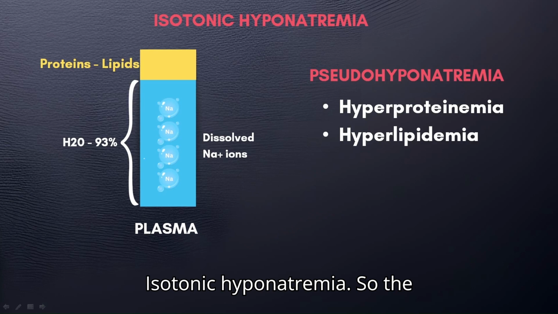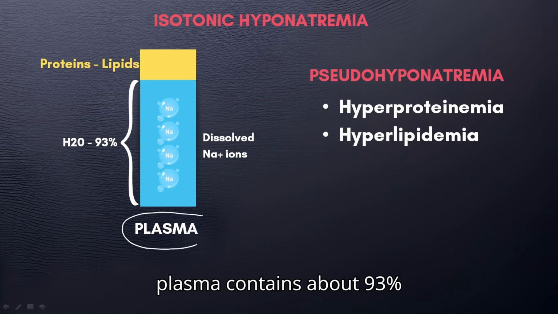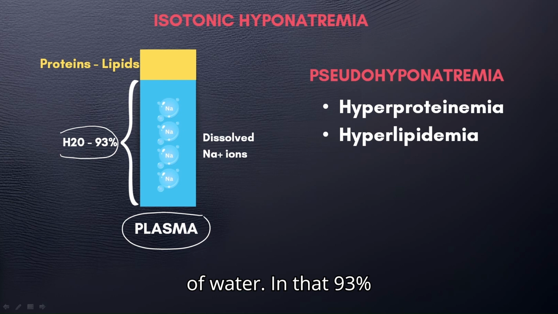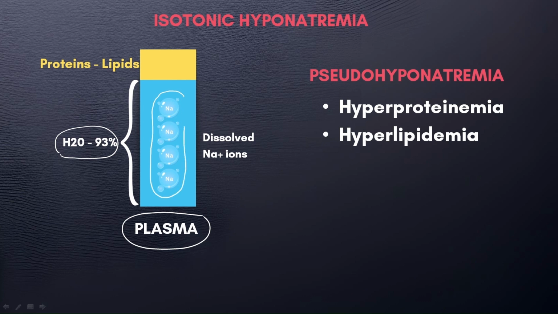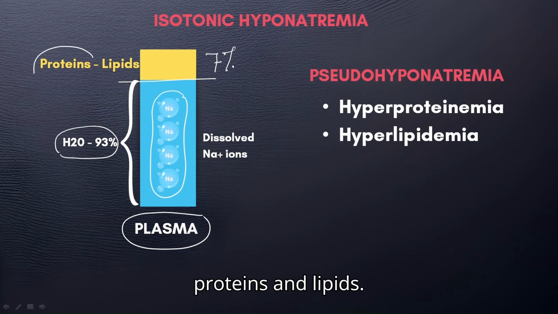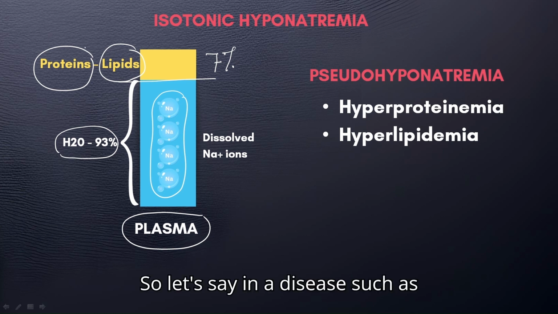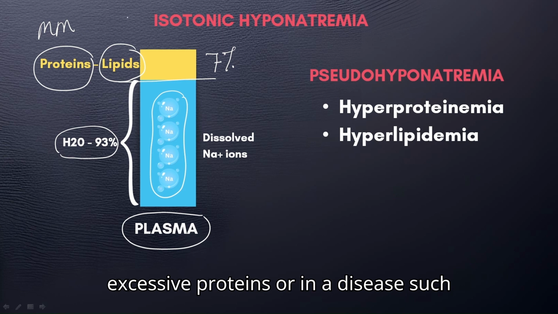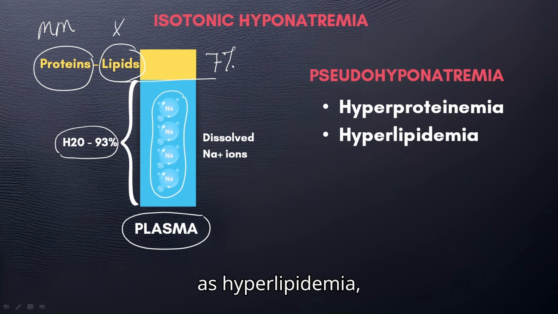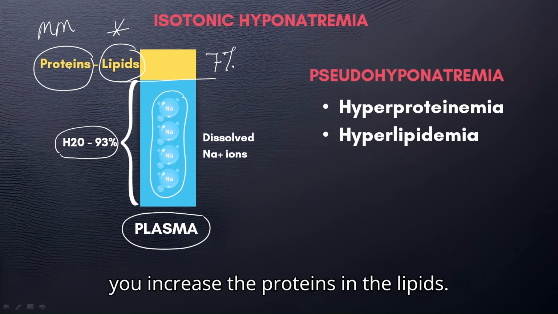Isotonic hyponatremia. The plasma contains about 93% water. In that 93% water, as you can see, the sodium ions are dissolved. The rest, about 7%, is made up of proteins and lipids. So let's say in a disease such as multiple myeloma, where there are excessive proteins, or in a disease such as hyperlipidemia, you increase the proteins and the lipids.